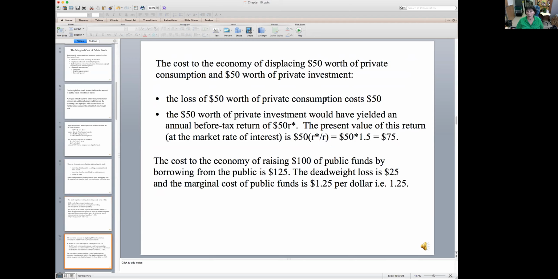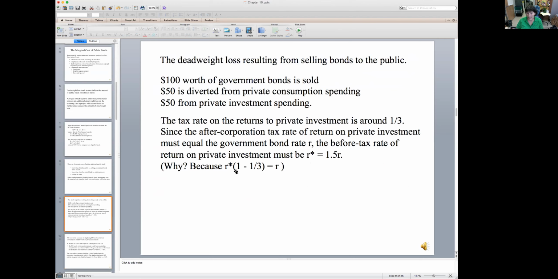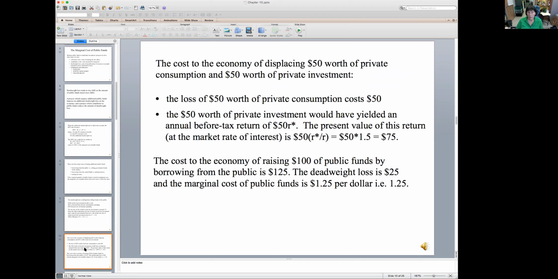So the loss of $50 worth of private consumption costs us $50. $50 is not going to be running around in our economy, generating income and getting taxed as it generates it. It's just not going to be spent. So there's that $50. And then the $50 worth of private investment would have yielded an annual before-tax return of $50 times whatever their rate was. So up here, that rate is equal to 1 minus 1/3 equals R. So what is R?